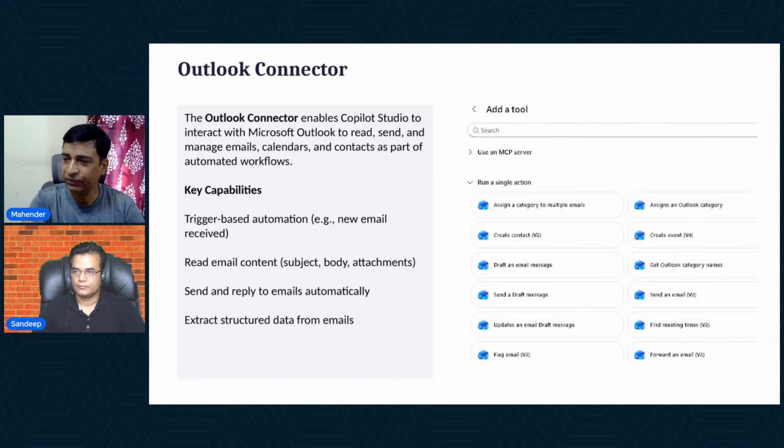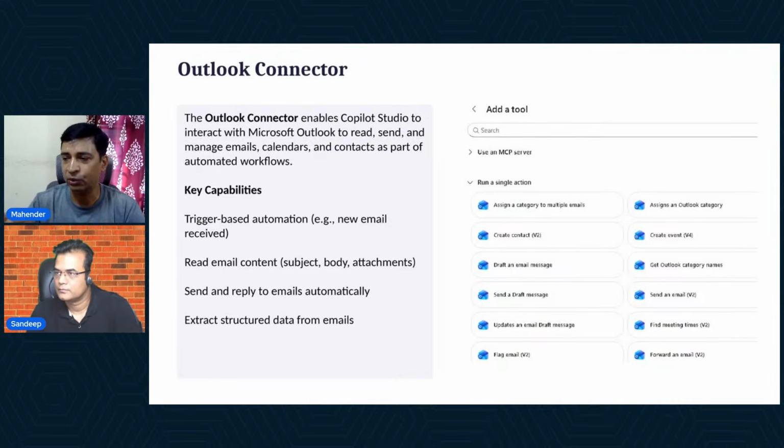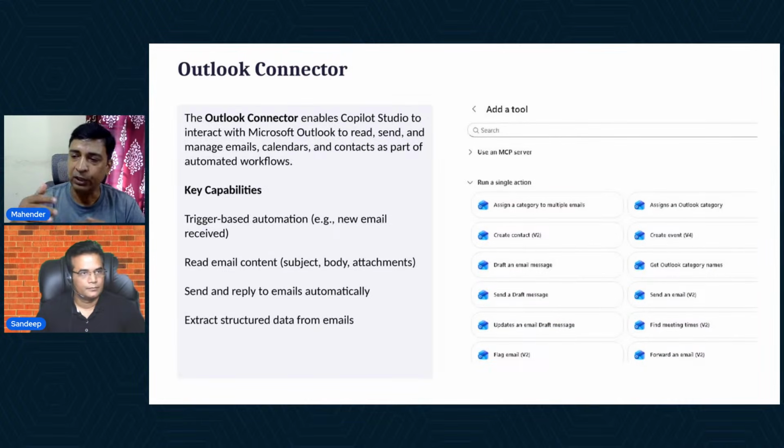As you can see, there are different types of actions available that we can utilize in our automation, whether we want to send an email, receive an email, or do some kind of appointment setting. If you are familiar with Power Automate, we also use those kinds of actions and triggers there, and they are also available in Copilot Studio.